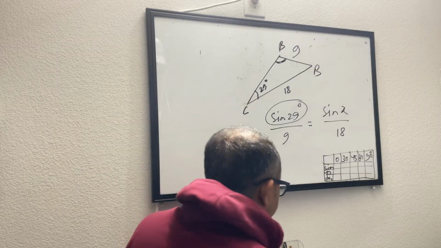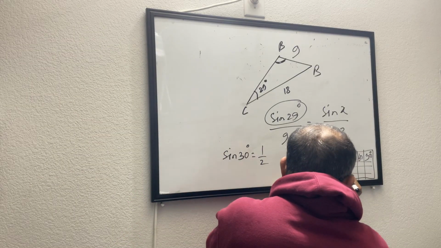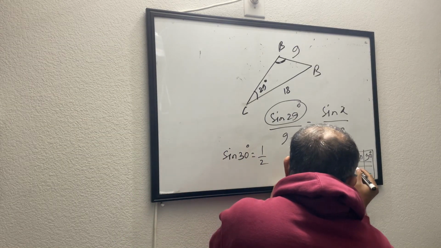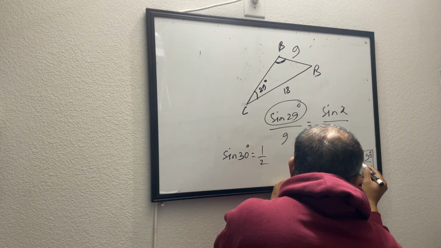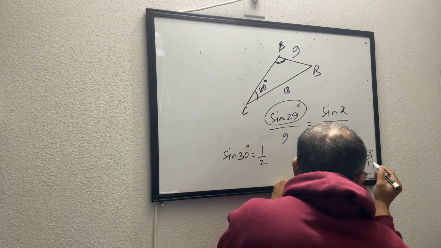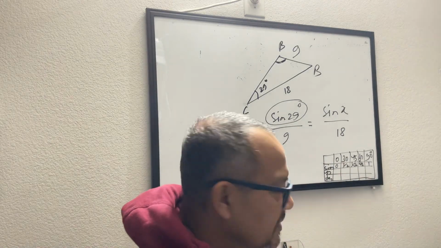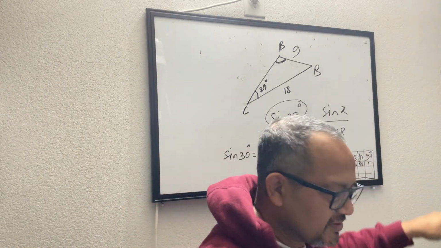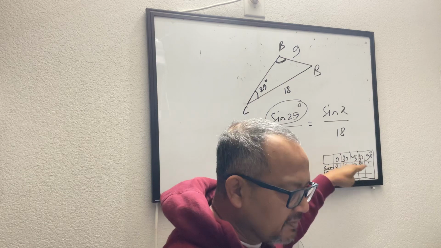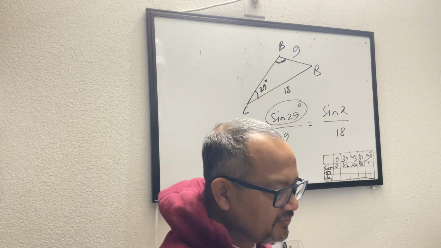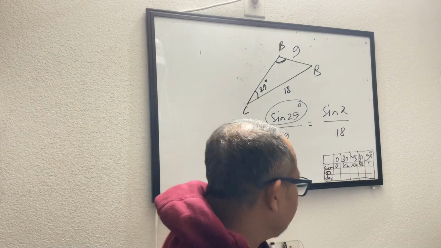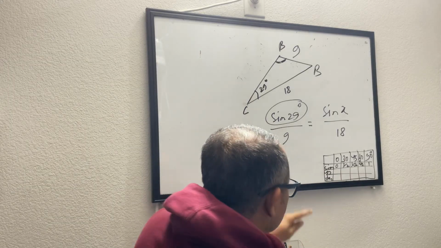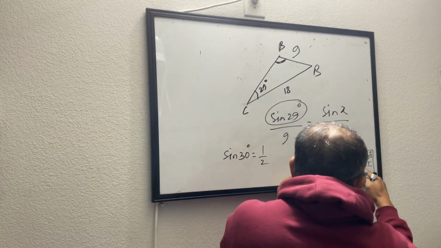Sine 0 is 0, sine 30 is 1 by 2, sine 45 is 1 by root 2, sine 60 is root 3 by 2 and sine 90 is 1. You just have to remember the sequence. We have proved that in the previous classes, but you would not want to prove it again during the exam. So 0, half, 1 by root 2, root 3 by 2, 1.